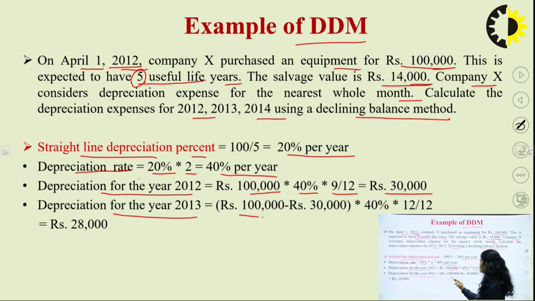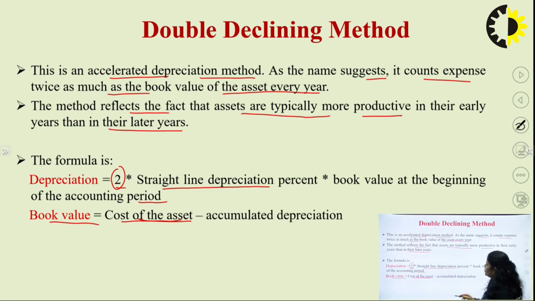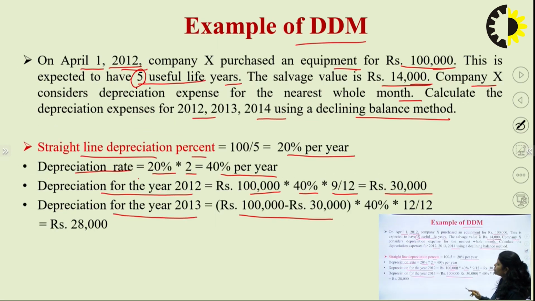So, we can see in the formula that the book value is the cost of the asset minus accumulated depreciation. In 2012, there was no accumulated depreciation, so we considered only the cost of the equipment.